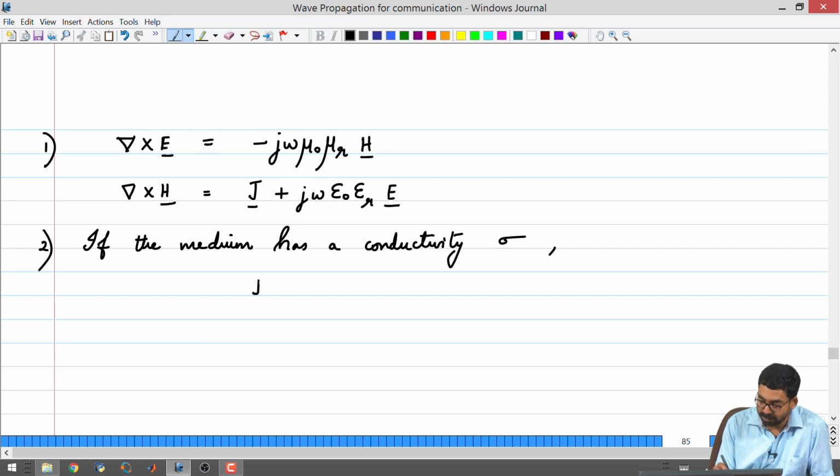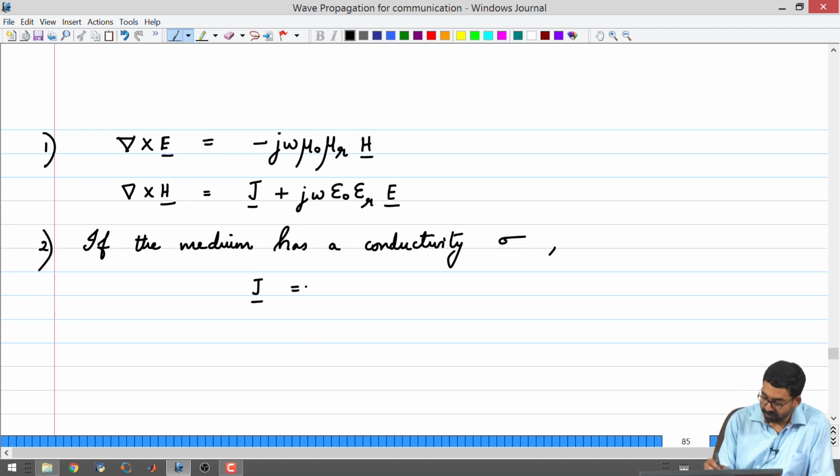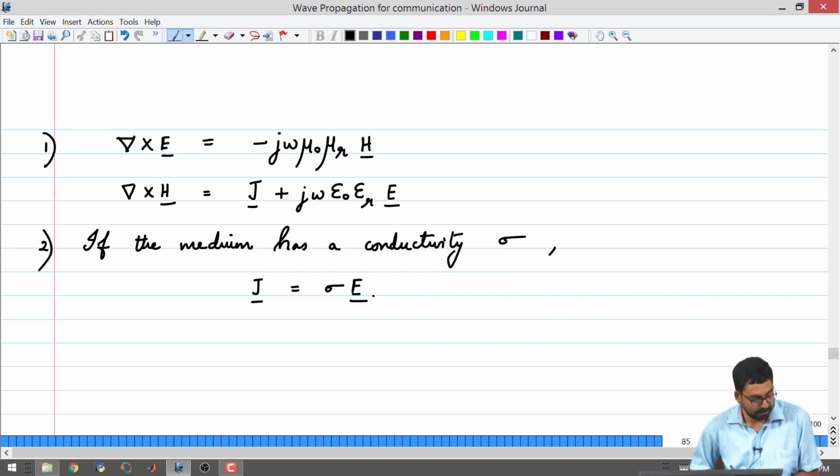You can say that the conduction current density, which is in amperes per meter squared, is going to be sigma times E. So this is just Ohm's law.